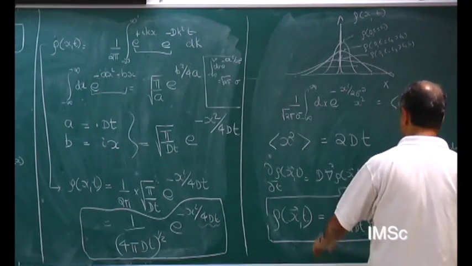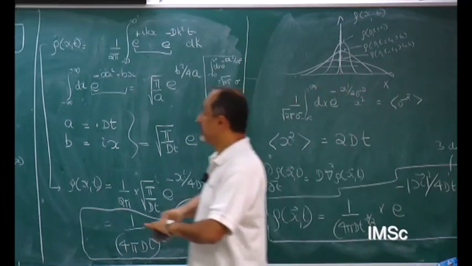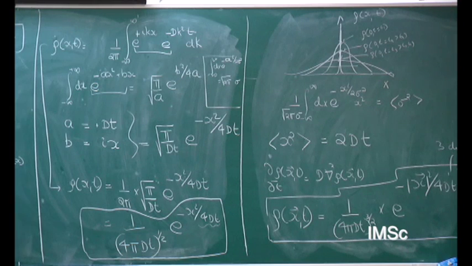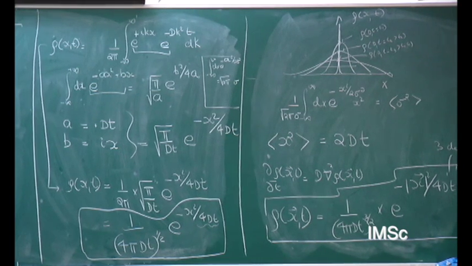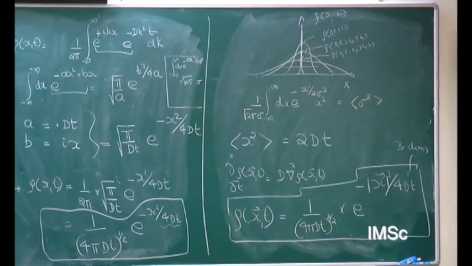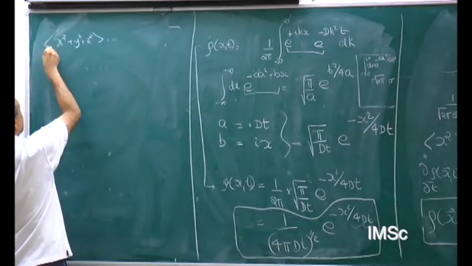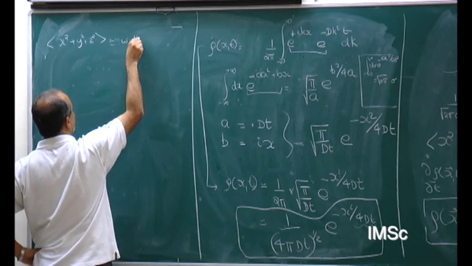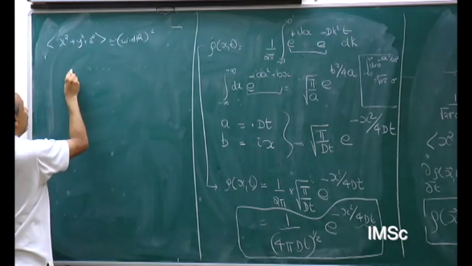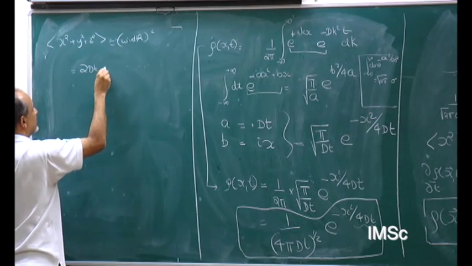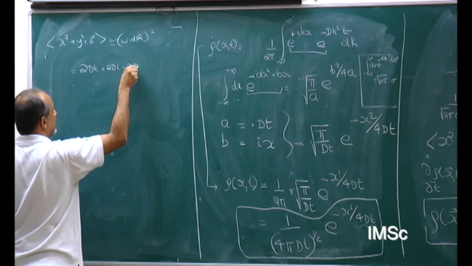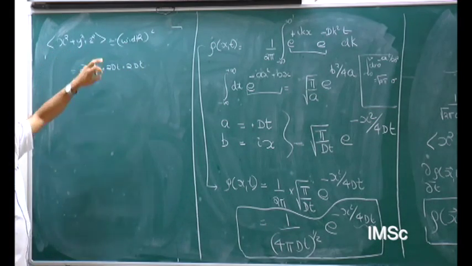And now we can also use this particular result here to say that the width of the distribution, which is x squared plus y squared plus z squared average, which is the width, technically the width squared, is 2 dt plus 2 dt plus 2 dt, because each of these I can separately average.